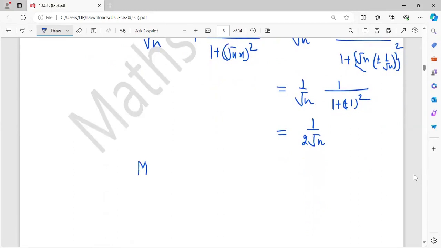So Mn is 1 upon 2 under root n for all n belongs to N.